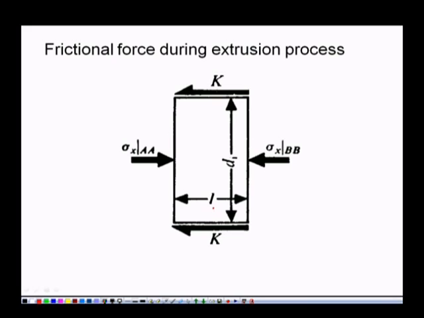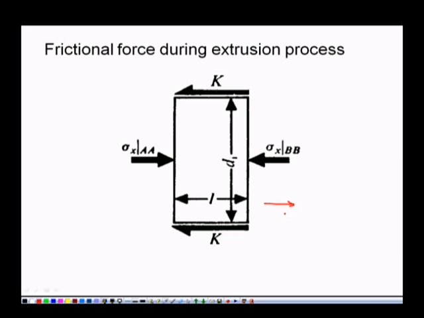Now, we are going to discuss the frictional forces during the extrusion process, where the material is moving from left to right, as the arrow shows. So, it has a directional motion here, and whatever the frictional force is, it will act opposite to the motion of the flow of the material.